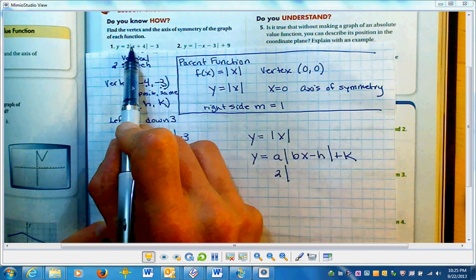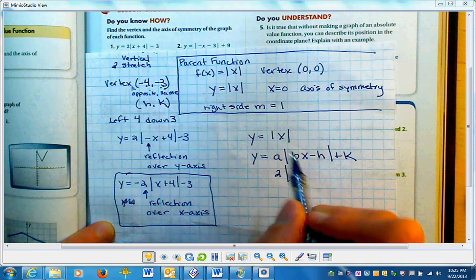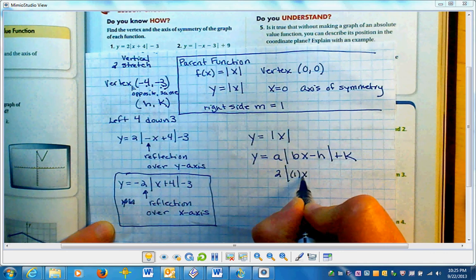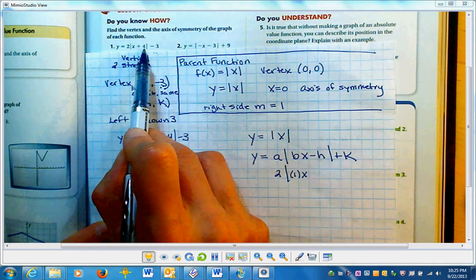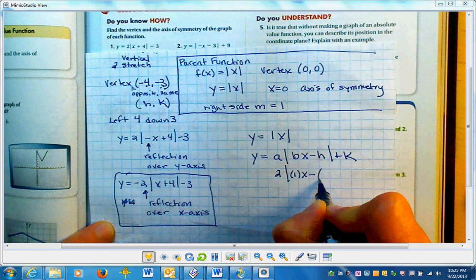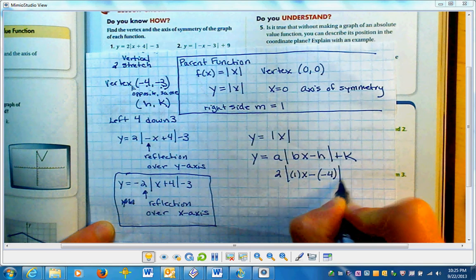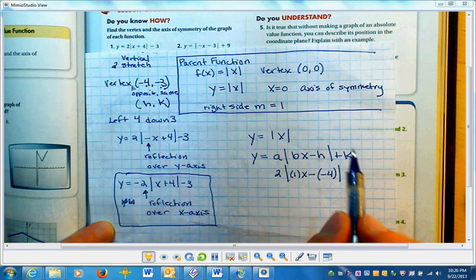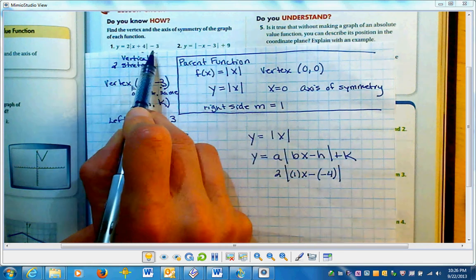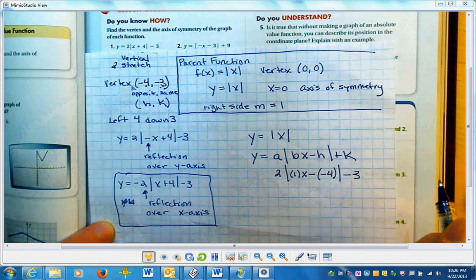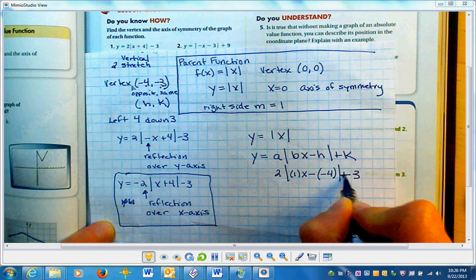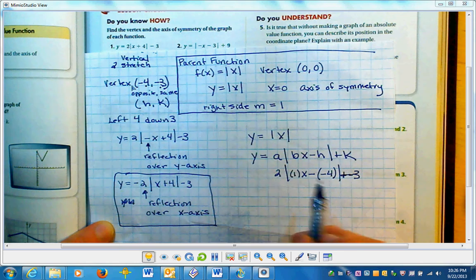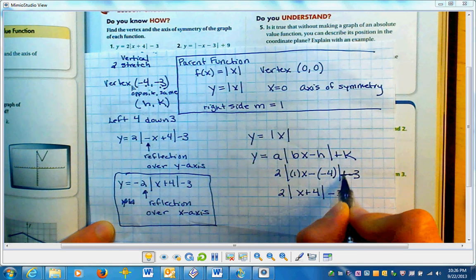My b in this case, I don't have anything in front of that x, so that would be like 1 times x. My h, remember this is minus, my h is actually -4 because that was the x value in my vertex. And my k is this -3 out here. I should probably really put plus -3. So if we were to clean this up, I get 2 absolute value of x plus 4 minus 3.